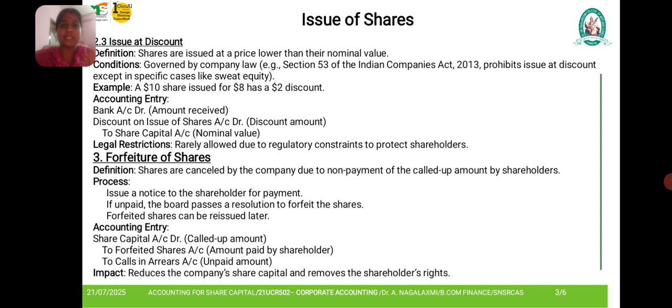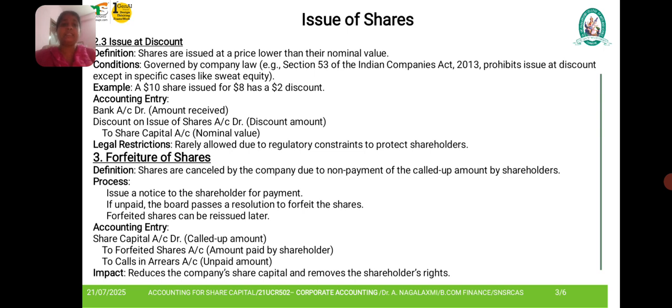Next is issue at discount. Discount means, as we know, a price less than the face value. The shares are issued at a lower price than their nominal value. Here it is governed by company law. Section 53 of the Indian Companies Act 2013 prohibits issue at discount except in specific cases like sweat equity.